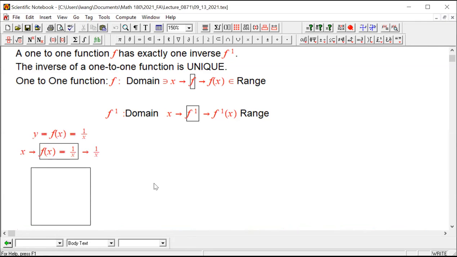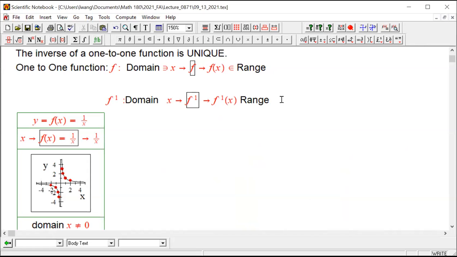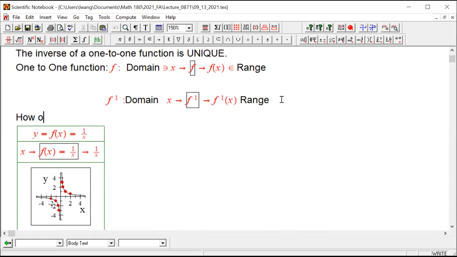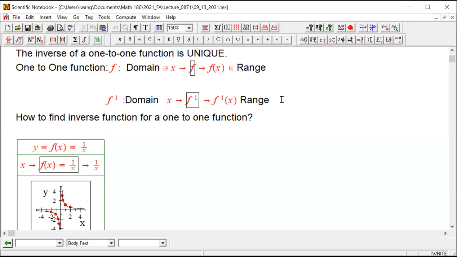How do we find the inverse? Next it comes to how to find the inverse. We know that one-to-one function has all these interesting properties. How to find the inverse function for a one-to-one function?